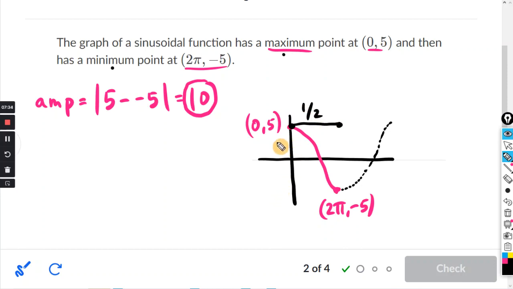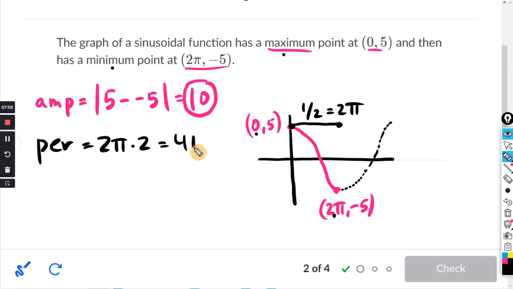This is the horizontal distance, so we went from x equals 0 to x equals 2 pi. 2 pi minus 0, that's going to be 2 pi. So half the period is 2 pi. That means the period is just going to be 2 pi times 2, which of course is 4 pi.